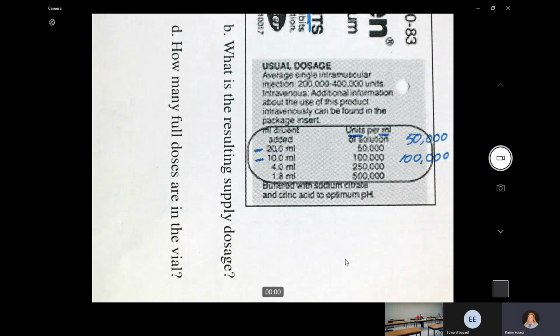If I add 1.8 milliliters, I'm going to have 500,000 units per milliliter. All right. Everything is calculated the same way, but we have to determine how much diluent to add that's going to best fit the order.